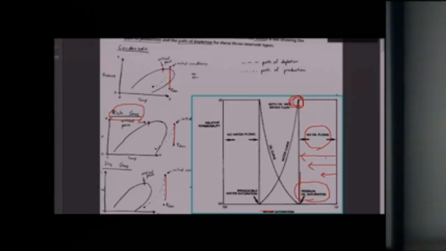Anytime you have two phases, if I sum one phase and the other phase together, the relative permeability of both this and this at any saturation, it's always less than 1. So I always have less permeability open to flow when I have two phases present.